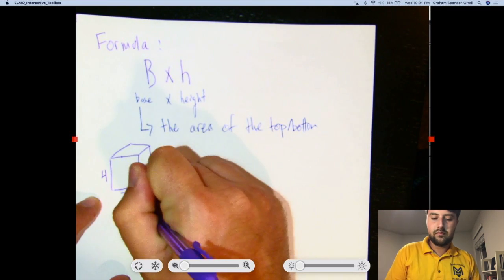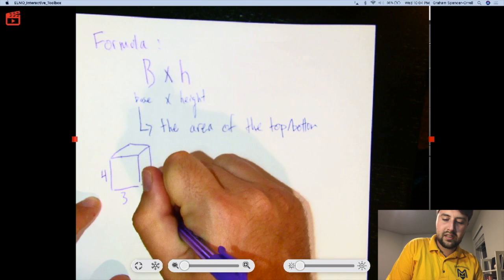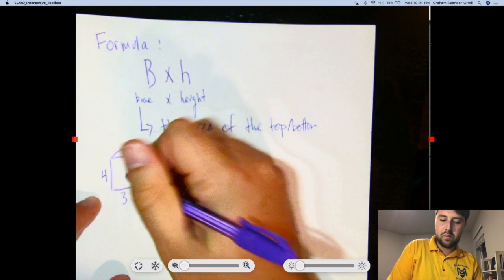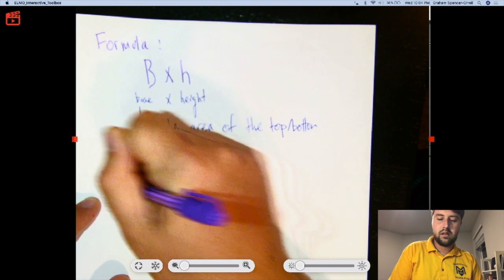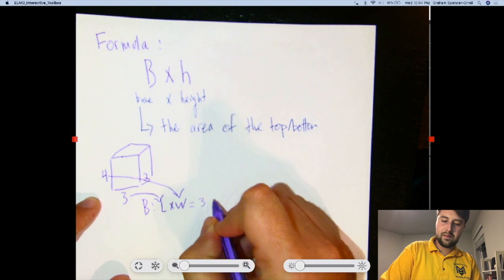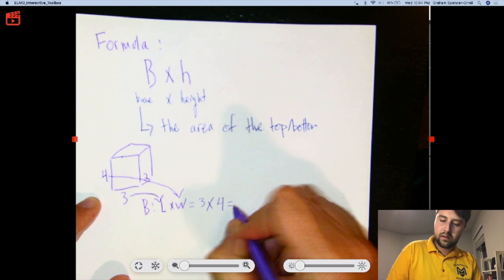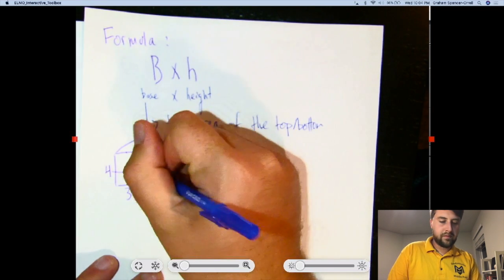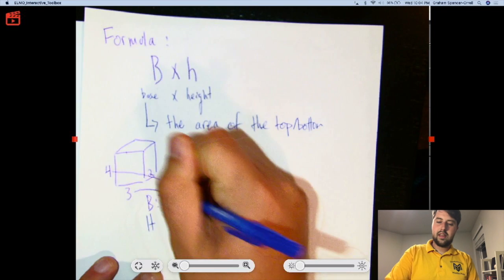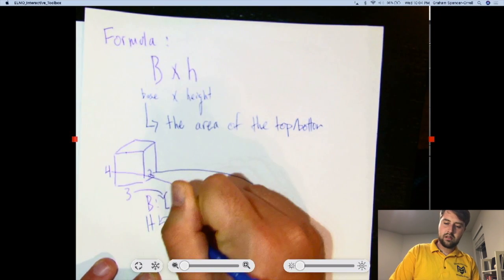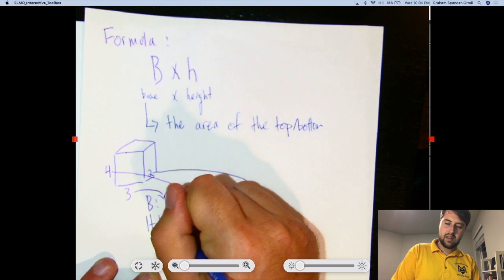We're going to find our base, which is the area, is going to be the length times the width, which will be, substituting those in, 3 times 4 equals 12. And then h is going to be the height, is going to be this 2 right there.